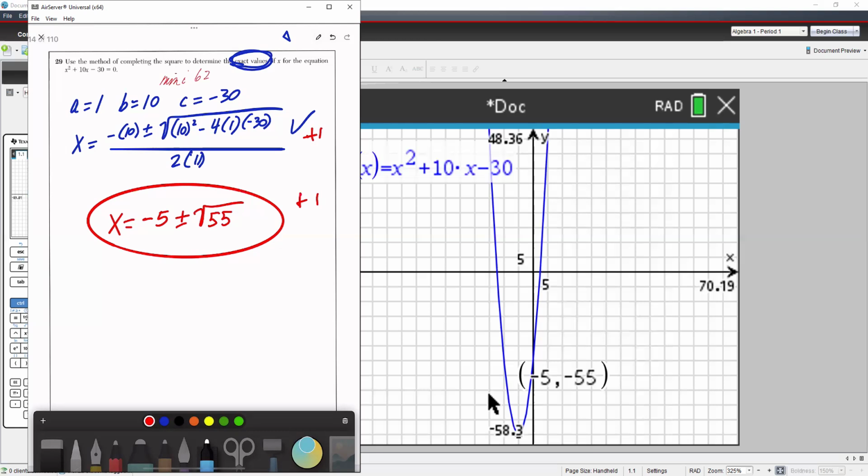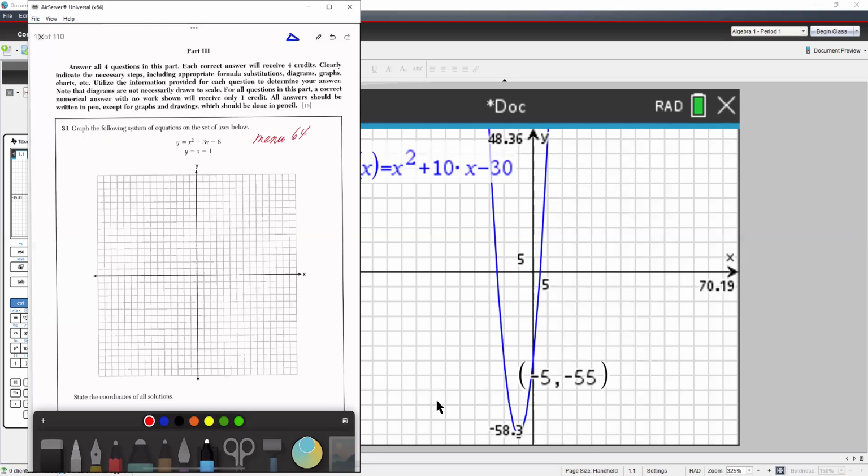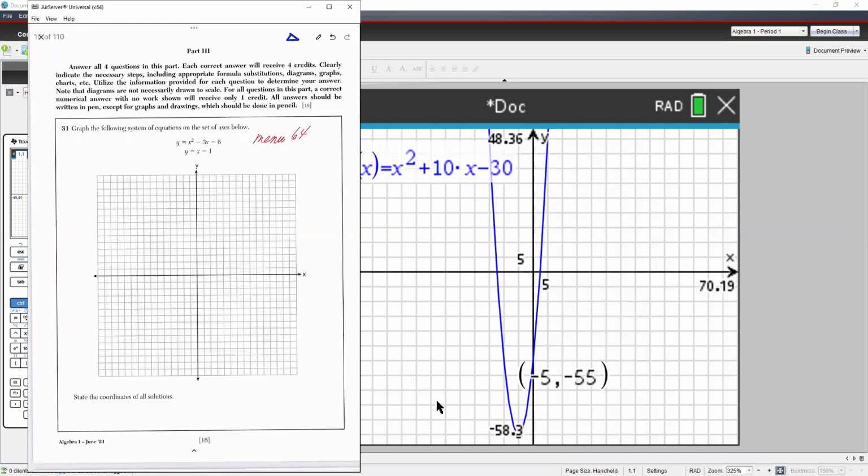All right, so now let's go to the next one. Even though this one doesn't require the quadratic formula, I just wanted you to see, they want you to state the coordinates of every solution. So basically, you're going to enter these two functions, the quadratic as one function and the linear function as another, and then you're going to use menu 64, and you're going to get those points.